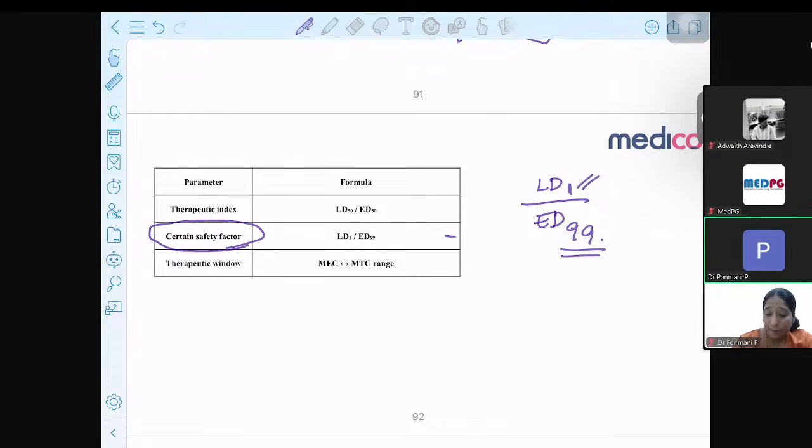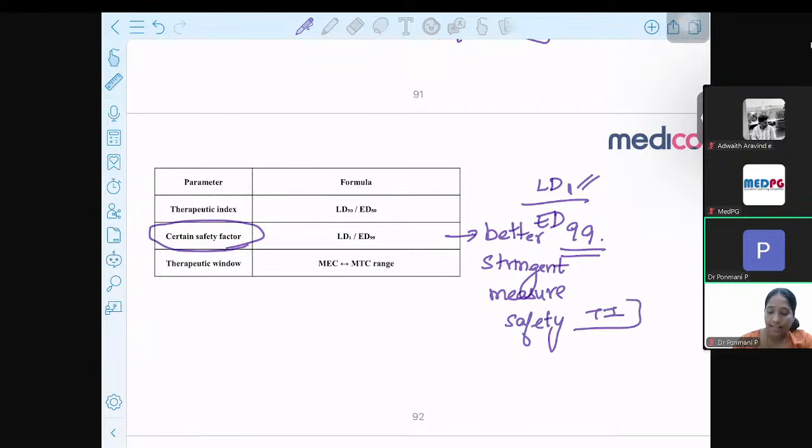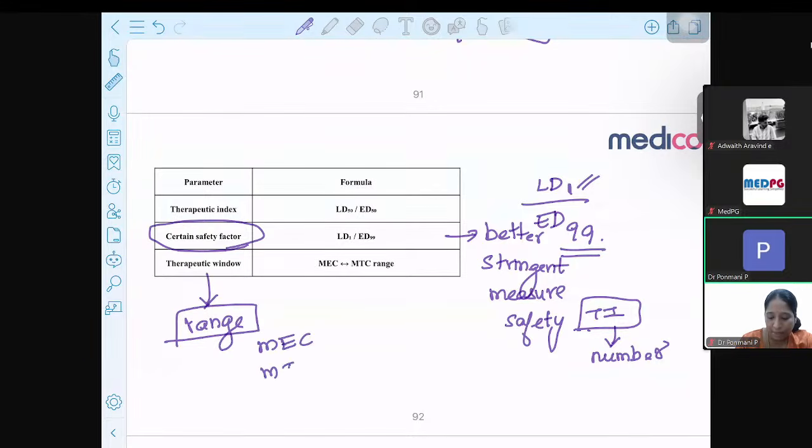So this is a much more stringent measure of safety when compared to the therapeutic index. Remember, therapeutic index and therapeutic window are different. Therapeutic index is a number, whereas therapeutic window is a range. It is a range between minimum effective concentration and minimum toxic concentration. The range between these two doses is called the therapeutic window.